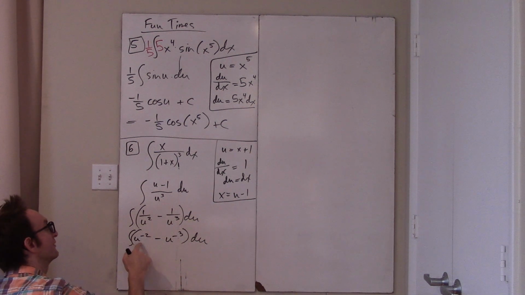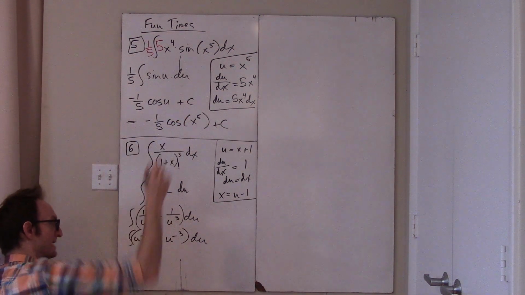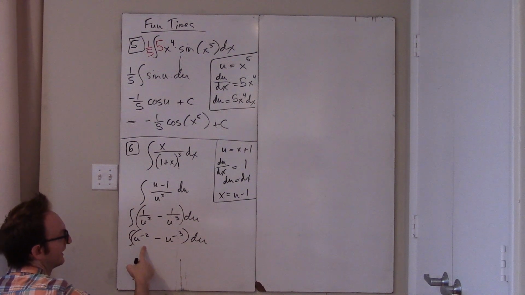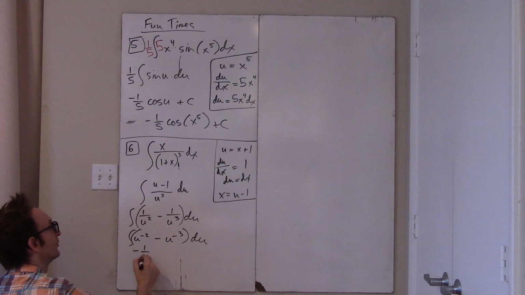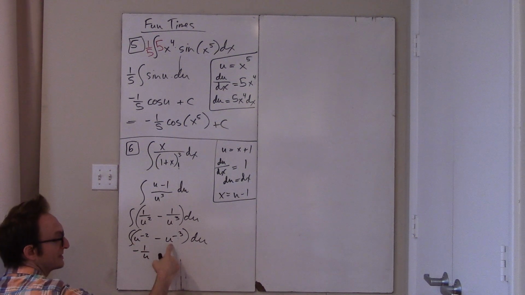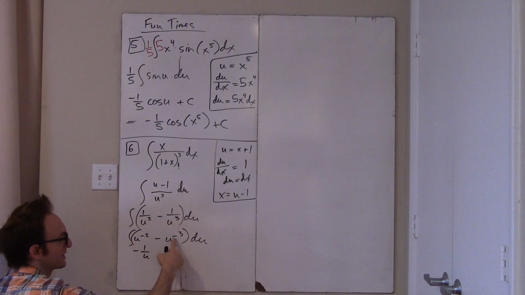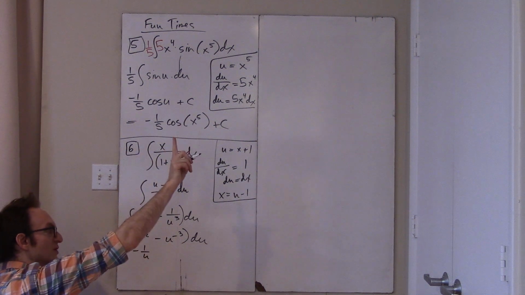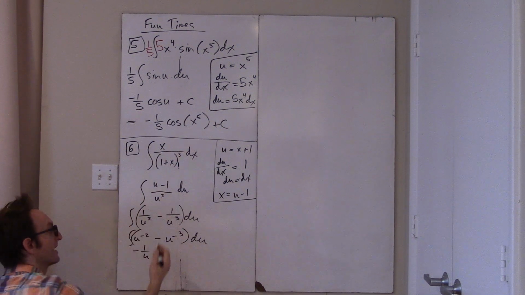What is the antiderivative of u to the negative 2? You go up a power to negative 1, and then you divide by negative 1. So that's negative 1 over u. And what's the antiderivative of negative u to the negative 3? You go up a power to negative 2, and you divide by negative 2.